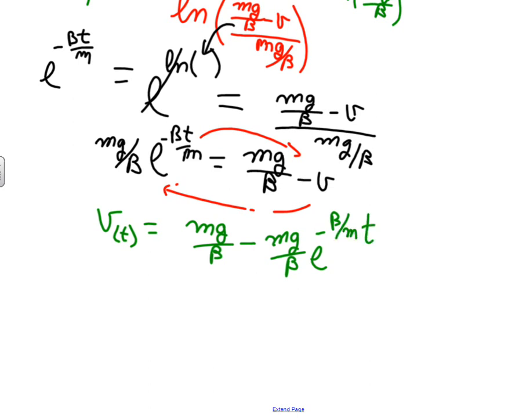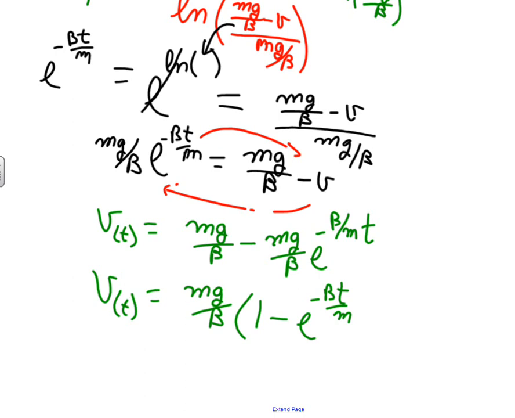If you want to clean it up one more step, you could factor out the mg over beta. You don't have to do that, but you could say mg over beta times 1 minus e to the minus beta t over m. Folks, that's the integral.